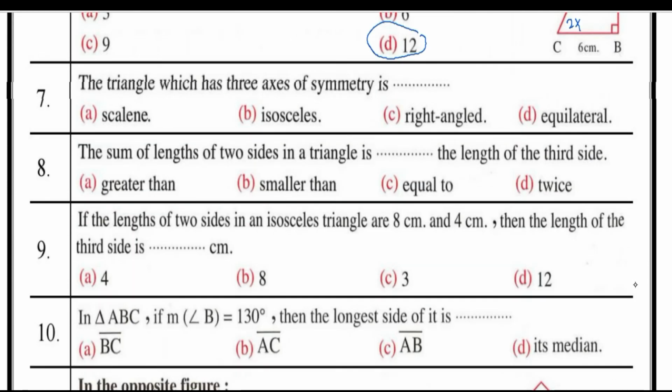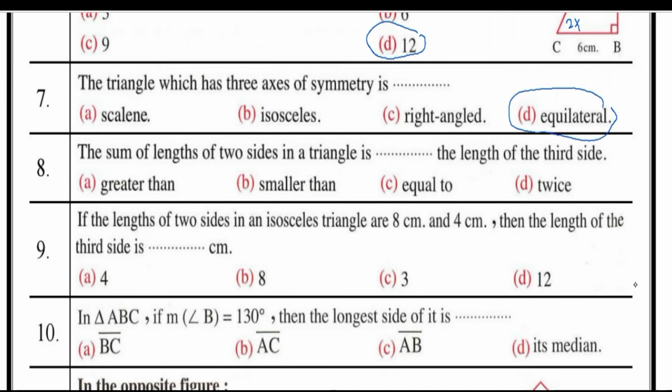Number 7, the triangle which has 3 axes of symmetry is of course the equilateral. The isosceles has 1, the equilateral 3, the scalene 0. The sum of the lengths of two sides in a triangle is greater than the length of the third. This is the triangle inequality.